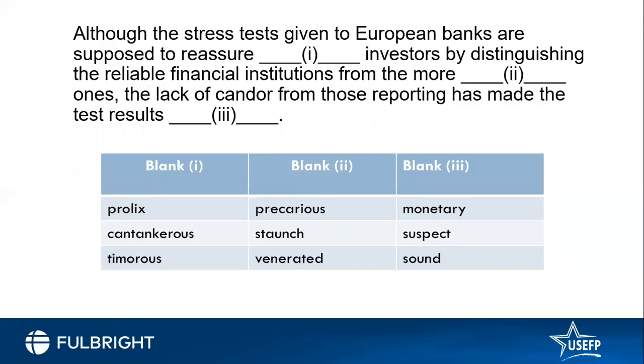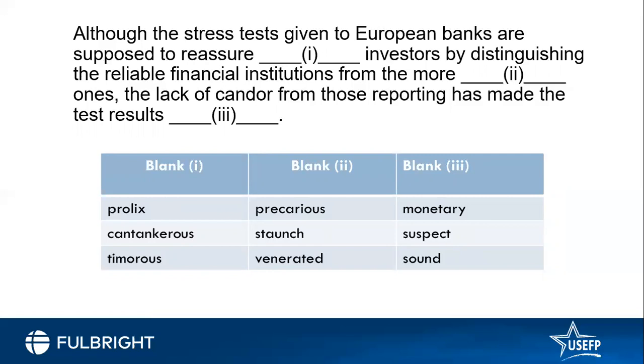You reassure somebody whose confidence is less, so timorous seems to be the best option. The meaning of prolix is too many words, and cantankerous is bad tempered. Timorous is a person having less confidence. So C, and for option number 3, option B.